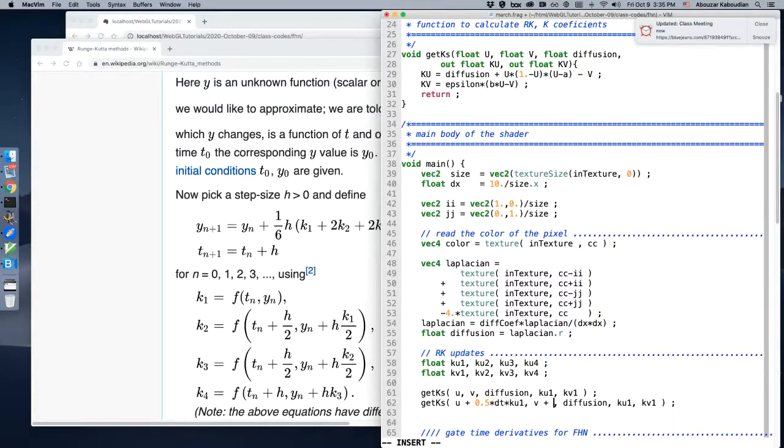And to V, I have to add half of DT times KV1. And this will produce KU2 and KV2.